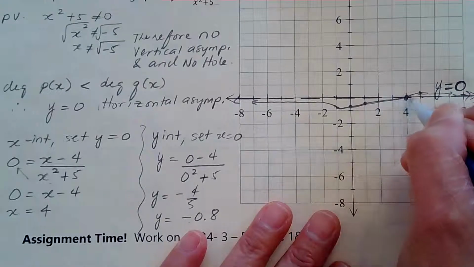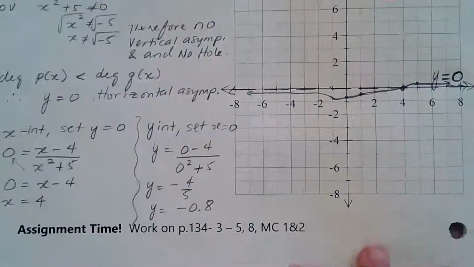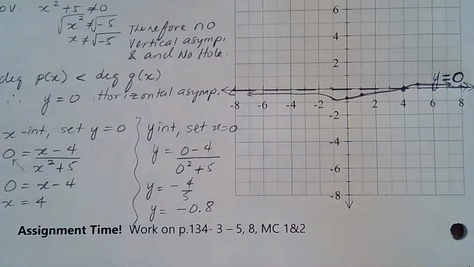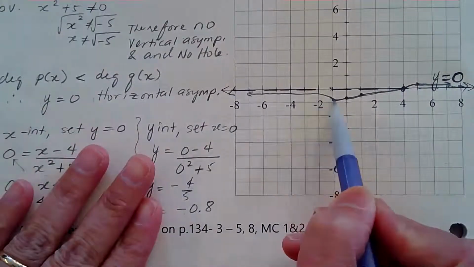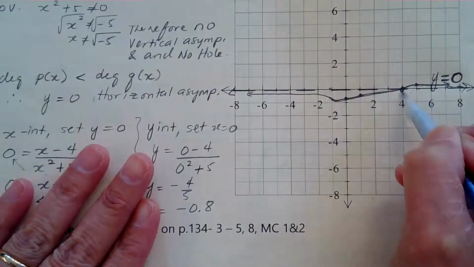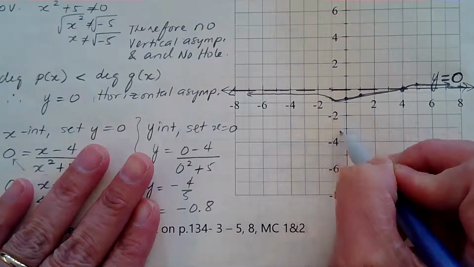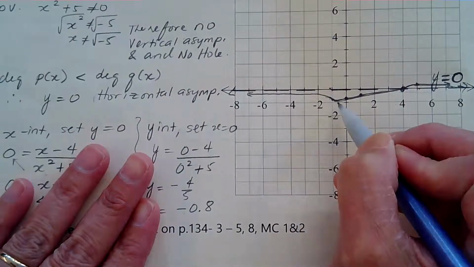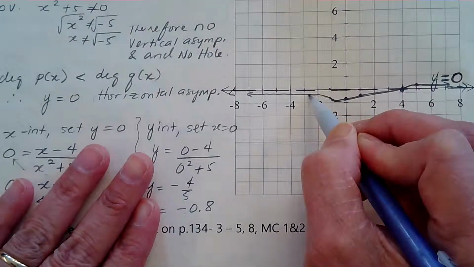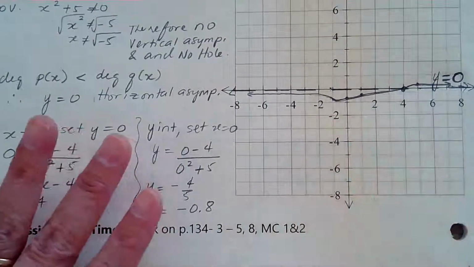That's what the graph looks like. On this side, there's a curve that goes upward. Okay, you've got to show me what you meant.